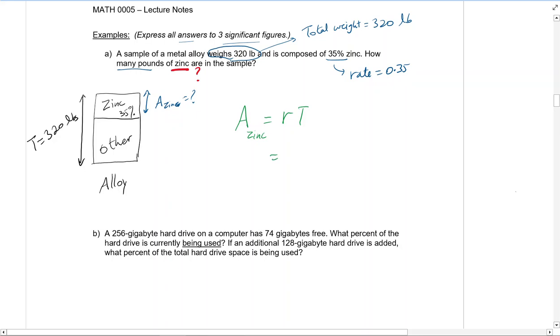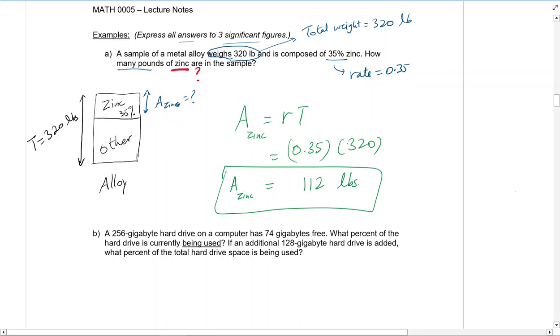In this case, rate of the zinc is 35%, of total is 320 pounds, and when we multiply these guys, we get 112 pounds as our answer. So that is the amount of zinc in this case.